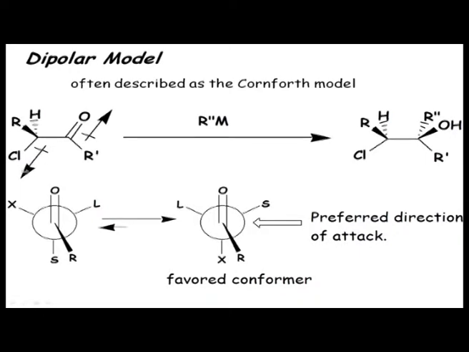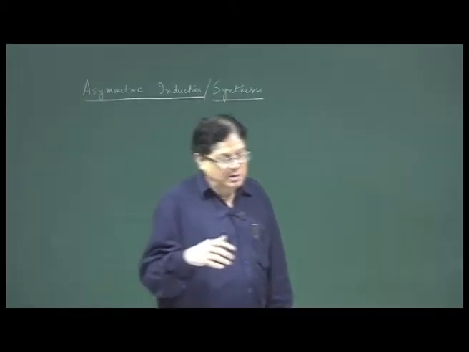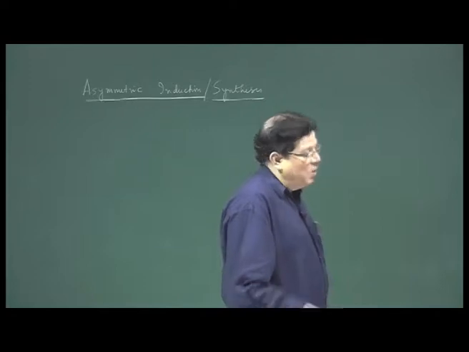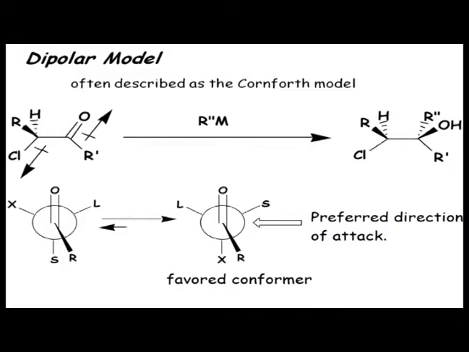In case of the halogen, which is a polar group, they have modified their hypothesis and said that the chlorine, or any dipole like this, has to be placed orthogonal to the carbonyl. So, in that case the large group is not the dominant factor, it is the polar group which takes the orthogonal position to the carbonyl. Okay. Interestingly, both the models give rise to the same products.